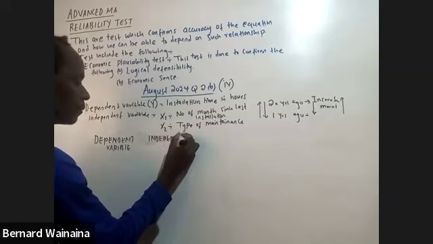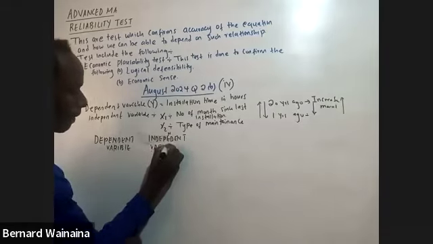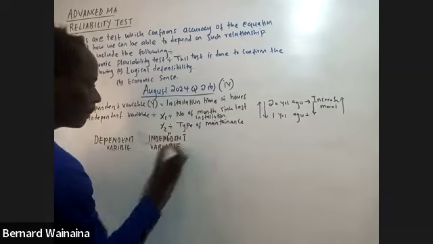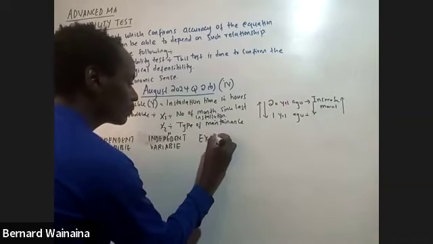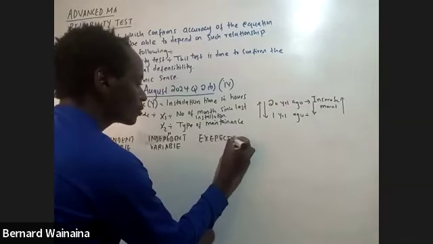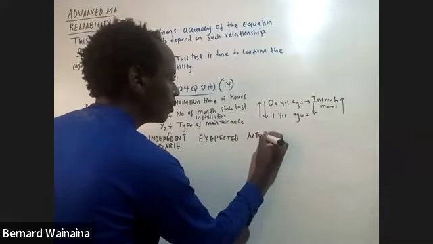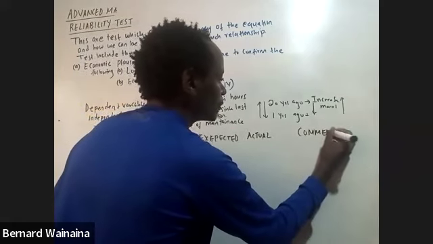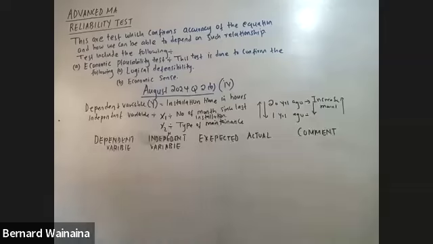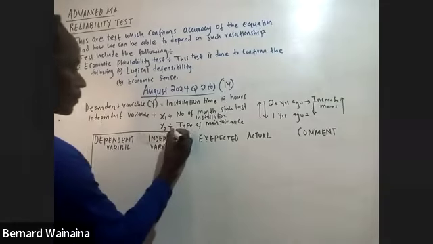Independent variable. We need to find the expected. What do we expect? Then actual. Then the last one we do what? We comment.